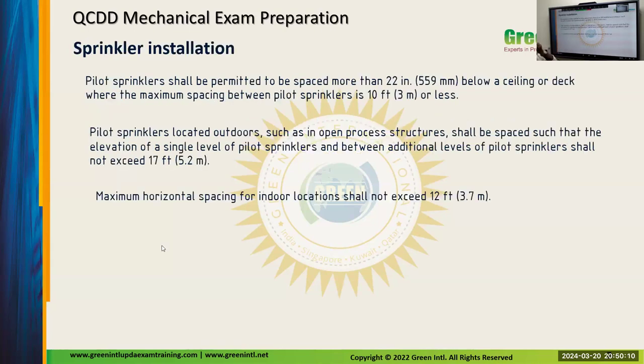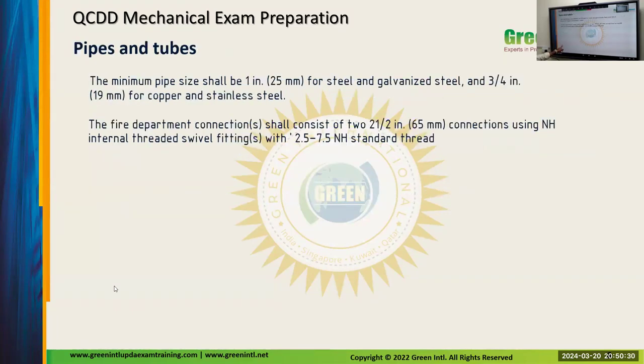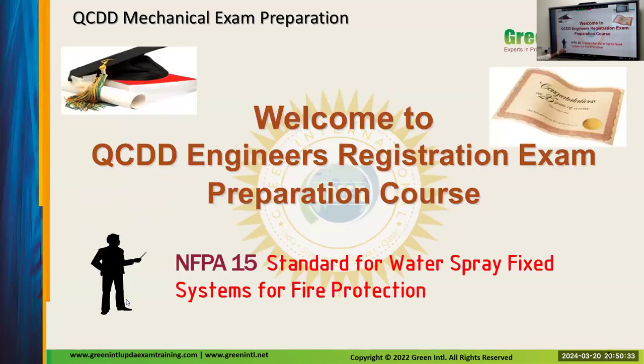Okay. Sprinkler installation. Pilot sprinklers shall be permitted to be spaced more than 22 inches below the ceiling or deck where the maximum spacing between the pilot sprinklers is 10 feet or less. This sprinkler system is for water spray fixed systems.